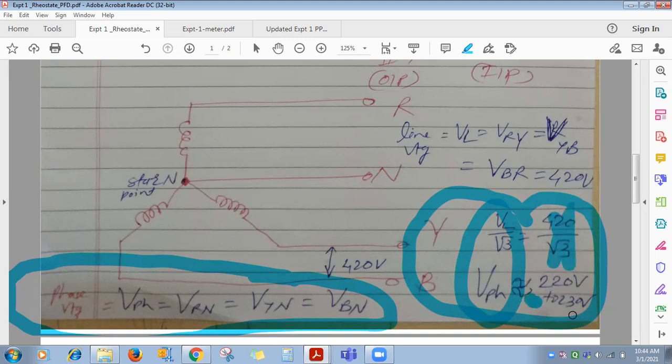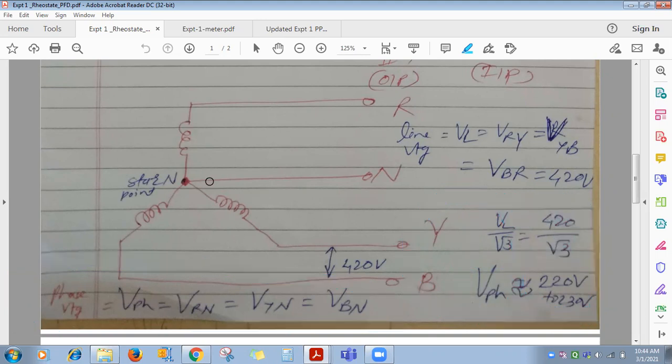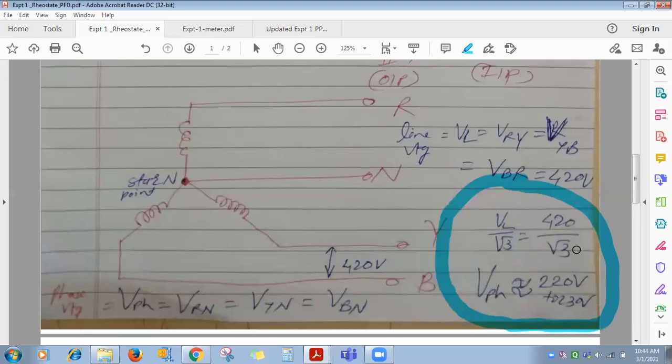So how do we get 220 volt? This is the star connection. In a star connection, VL by root 3 is VPH, meaning line voltage is 420, and as it is a star connection, R to neutral, Y to neutral and B to neutral give approximately 220 to 240 volt single phase AC voltage.